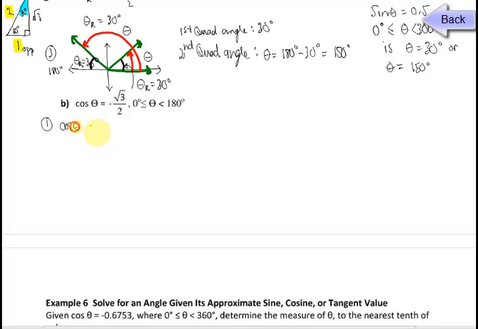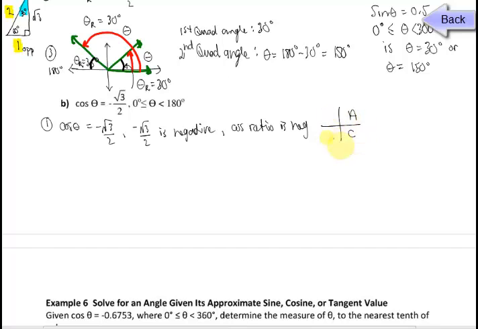We know that cos of theta is negative root 3 over 2, and because negative root 3 over 2 is negative, we know that our cosine ratio is negative.